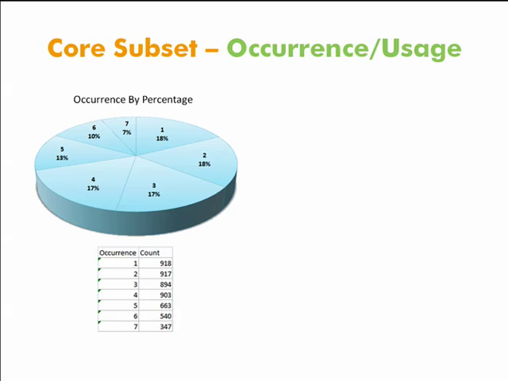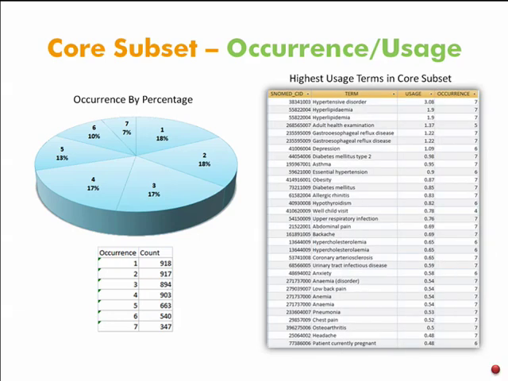When I first saw the usage number, I was skeptical of how that was calculated. But when you look at the results of the usage number, and you look at the highest usage terms, here I grabbed the first, I don't know, maybe 25, that list kind of makes sense to me. Obviously, since the occurrence is things that were included in multiple institutions, they are going to be weighted higher.